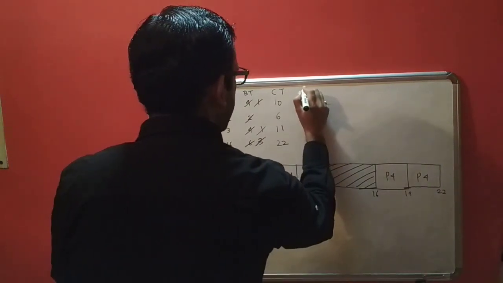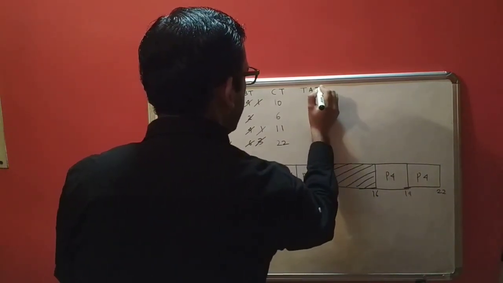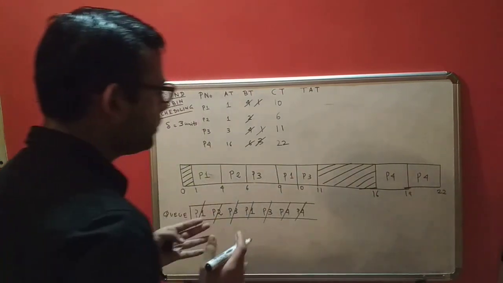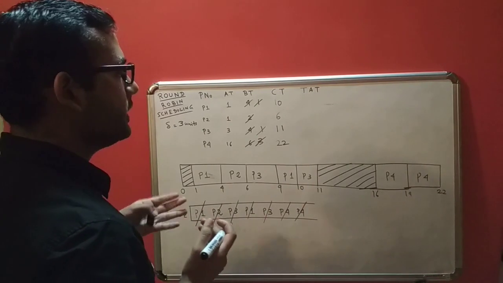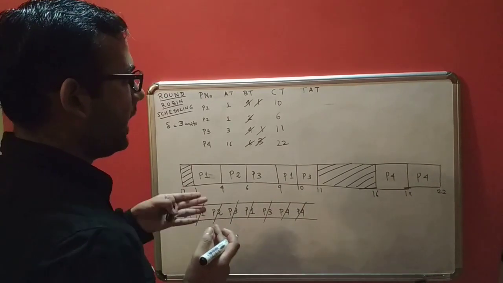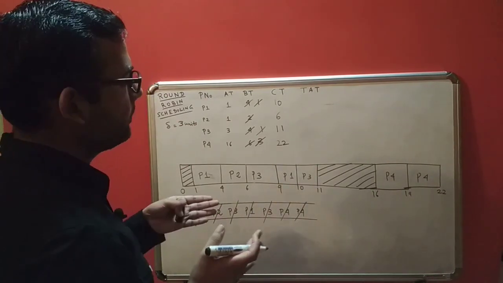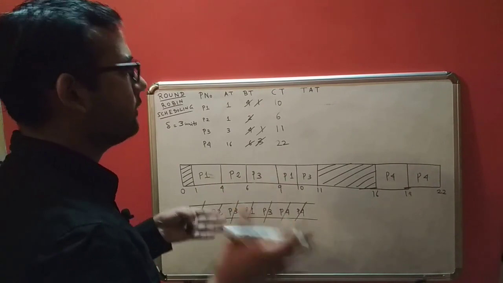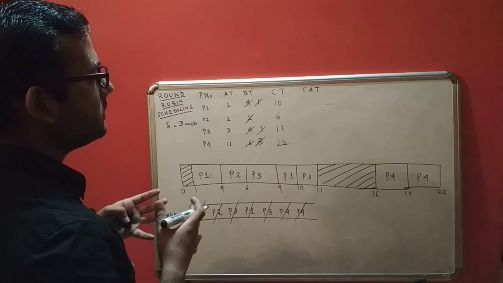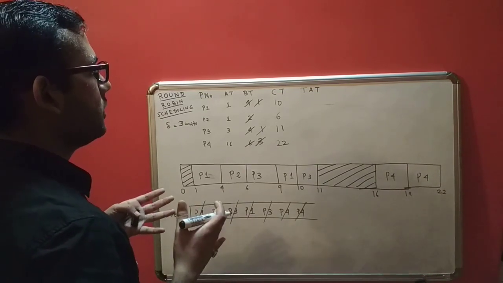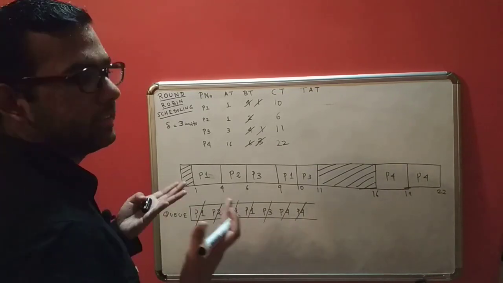Next parameter that we have to find is TAT, the turnaround time. What is the turnaround time? The turnaround time, mind you, is the difference between the time at which the process entered the system and the time at which it left the system. So turnaround time gives us the time interval for which the process was present in the system, right?